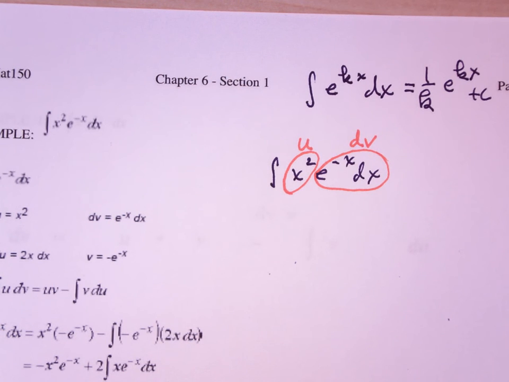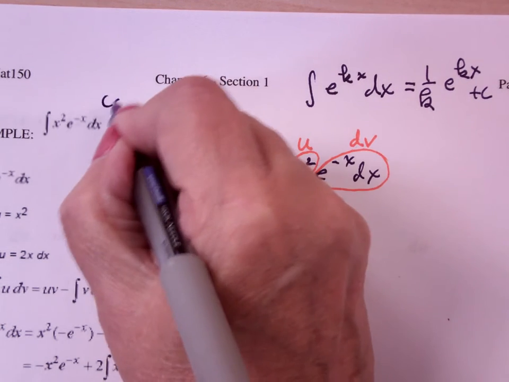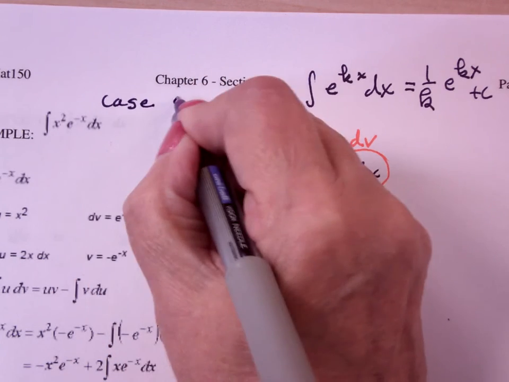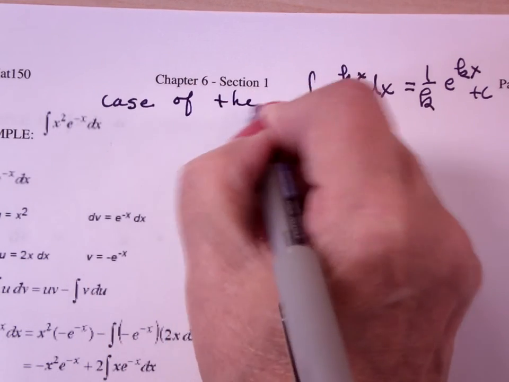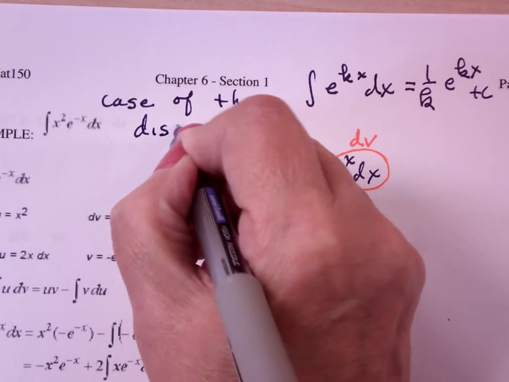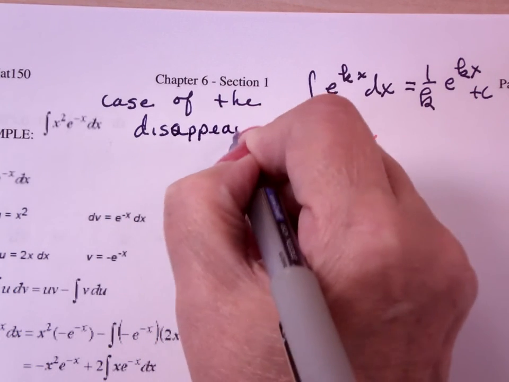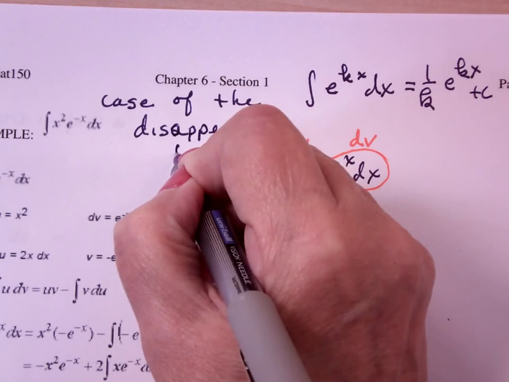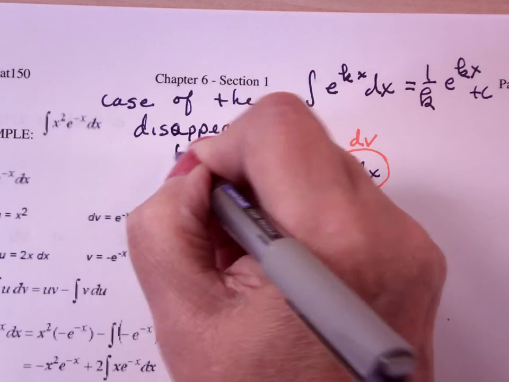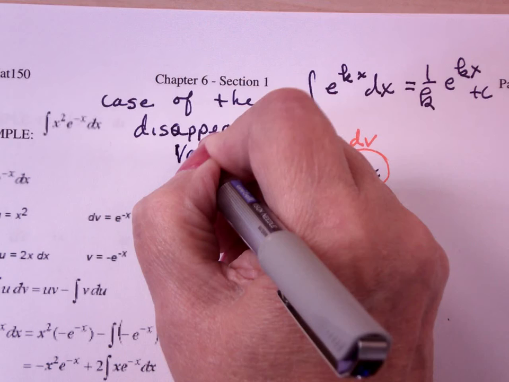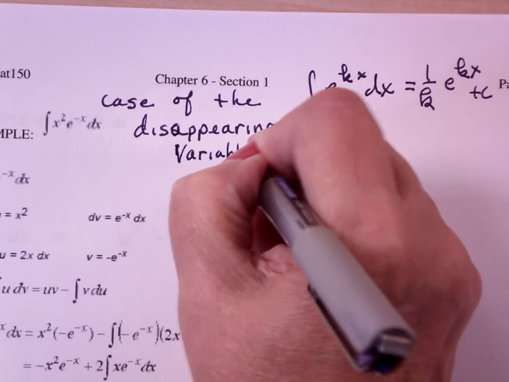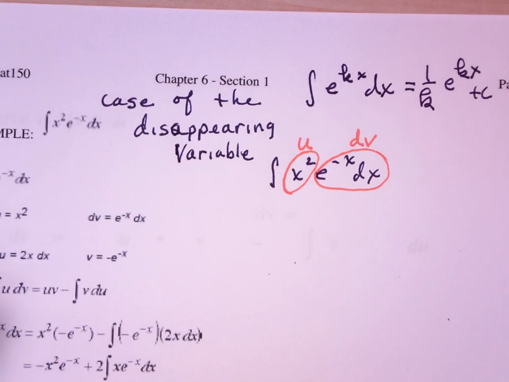So I would call this the case of the disappearing function or variable, either way. Yeah, variable. But I'm going to have to do a little bit to get rid of him.